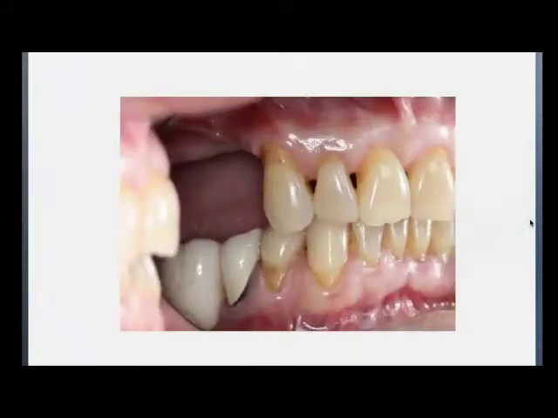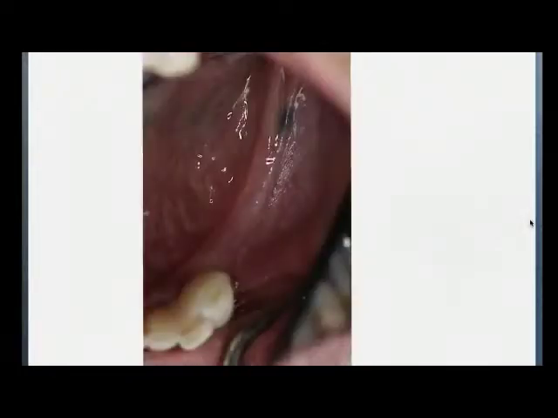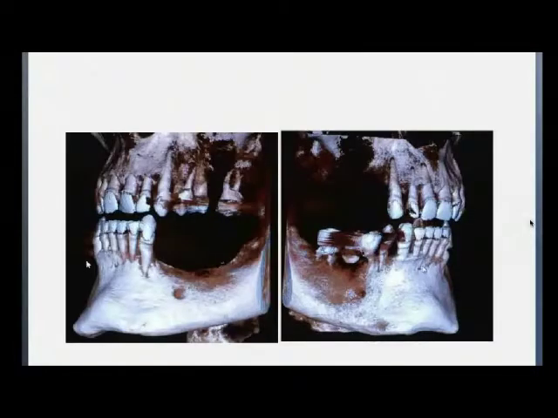The occlusion is a main factor, which we can use to determine what kind of occlusion we're dealing with, what kind of occlusion we're planning to deal with. The treatment plan would include building up the occlusion to the occlusion which we want to have as a final result. Again, on the lower jaw, we can see the very narrow ridges, and we can see the lack of keratinized tissue.